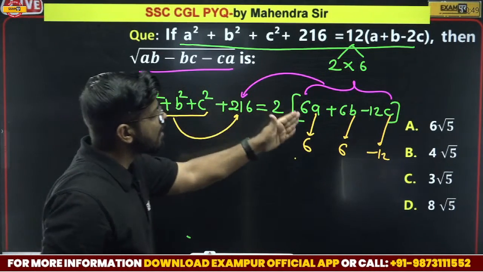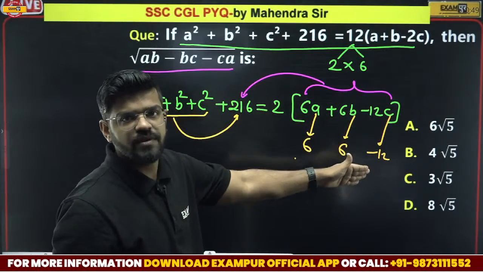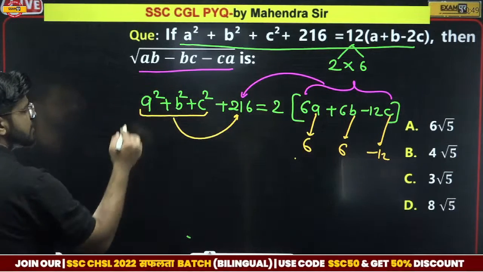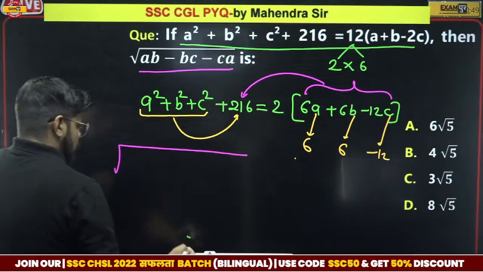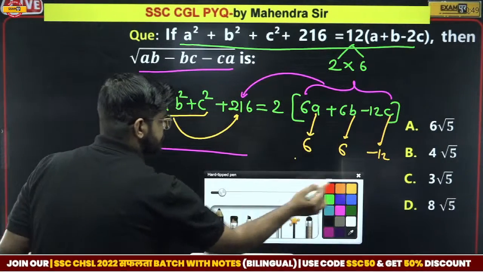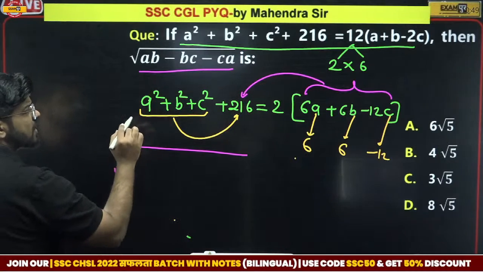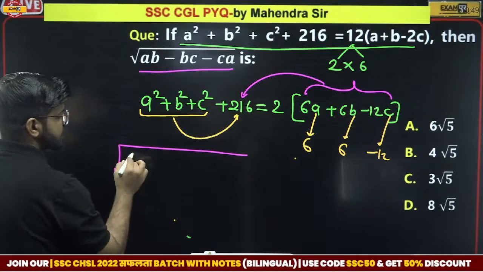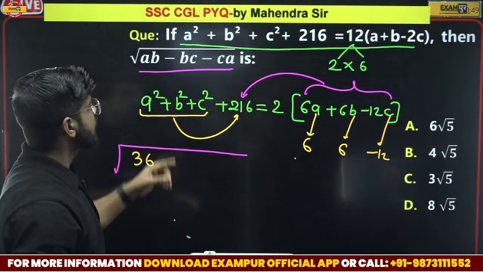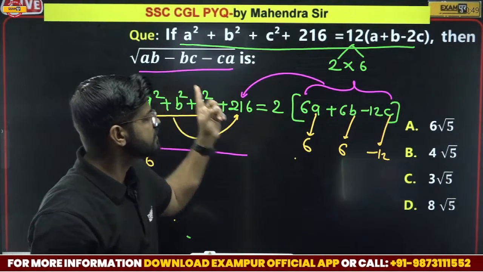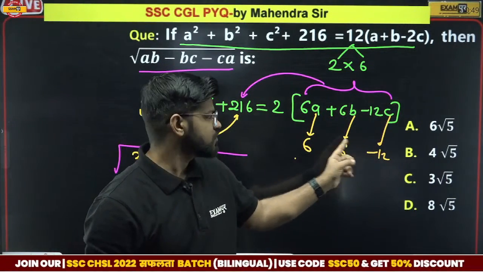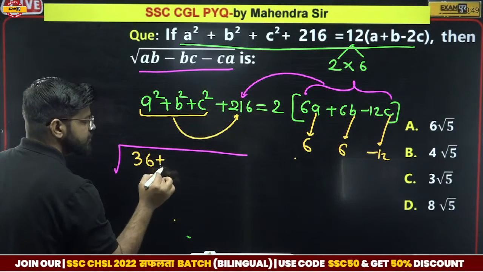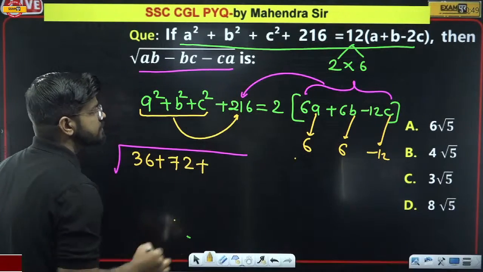So we have derived the a, b, c values. Just put the a, b, c values and solve. So 6 into 6, 36. Then minus, we have minus bc. So minus times minus gives plus. 12 sevens are 72, plus.